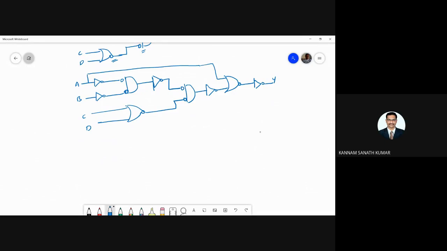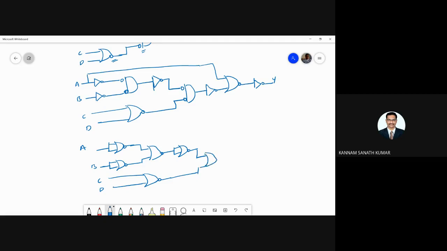So this is a NOR gate, this is a NOR gate, and this is also a NOR gate. Convert the bubbled AND with a NOR gate. Here you have the NOR gate, A, B, C, D are the inputs. Convert this inverter with the NOR gate and convert this bubbled AND gate with the NOR gate.